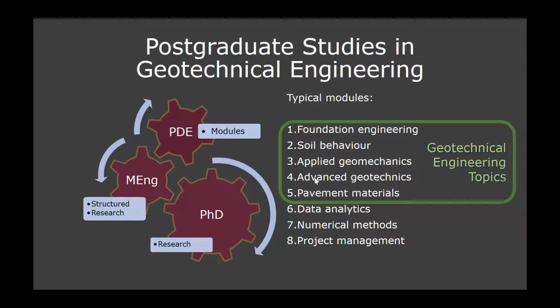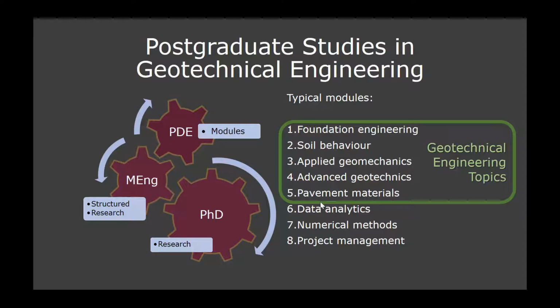Then there is applied geomechanics, which looks at how to determine appropriate strength parameters for the analysis of slope stability. And this particular course is offered fully online. Advanced Geotechnics, which looks at how to use statistics to determine how likely a structure is to fail, considering the uncertainty in the parameters and our understanding of the problem.